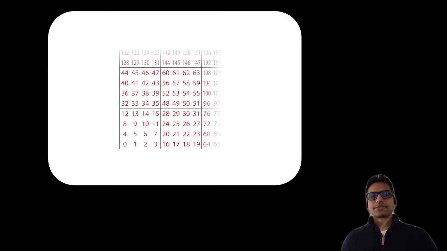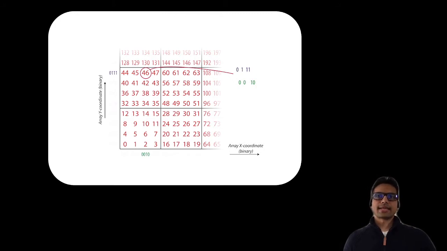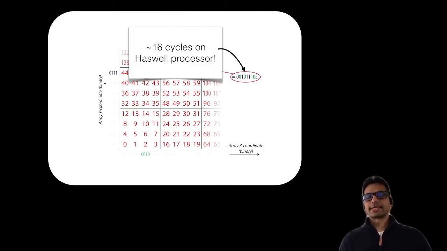And just for our understanding, I have enumerated the entities inside these blocks according to their linear index. So if you look at the binary expansions along the coordinate axes and any one particular index, then you can see that that index can be computed as a simple bit interleaving operation. And the catch here is that this operation can be done extremely fast in modern hardware.